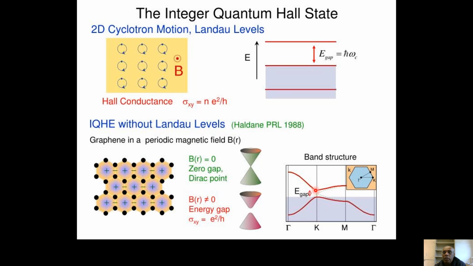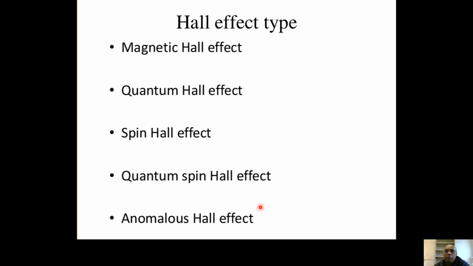Usually at the K point you have these two touching each other, right? That's the Dirac point. But due to this periodic magnetic field, you have some opening, which gives you a band gap, like shown here. So that is also a new kind of phase, or new order.